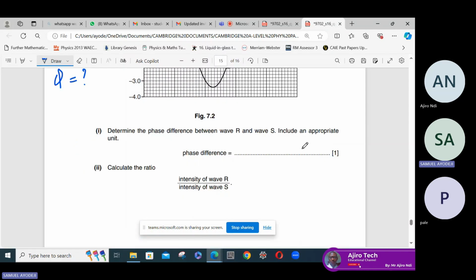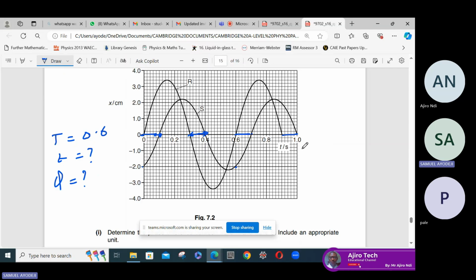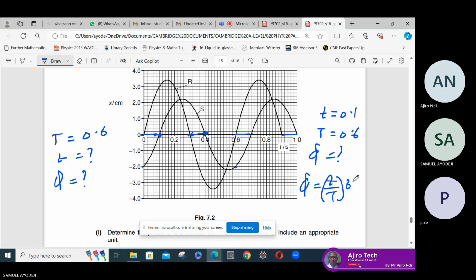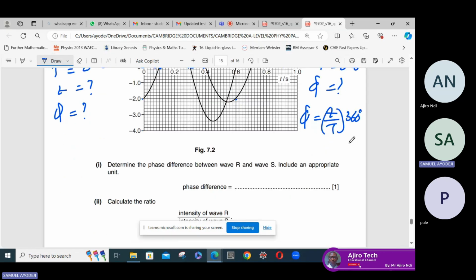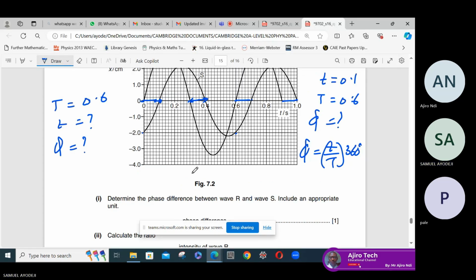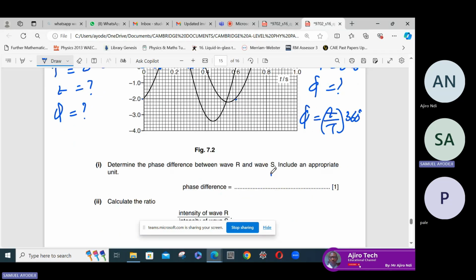So the time difference, small letter t, is 0.1, and capital T is 0.6. The formula is t over T times 360, since we are working in degrees. Press the calculator: 0.1 over 0.6 times 360 gives 60. So we are working with 60 degrees.